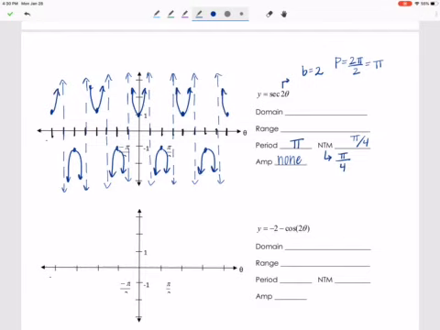Okay, all right, our domain will definitely change because we have asymptotes at a more frequent rate, so all real numbers except the first asymptote I see is at pi over 4, all right, plus minus.